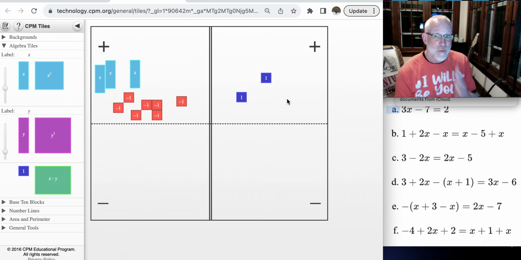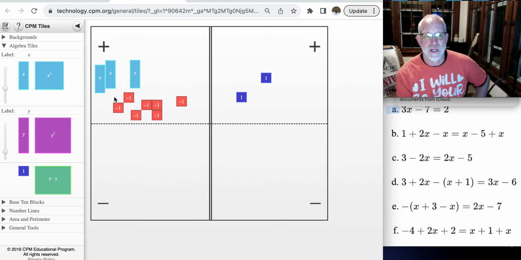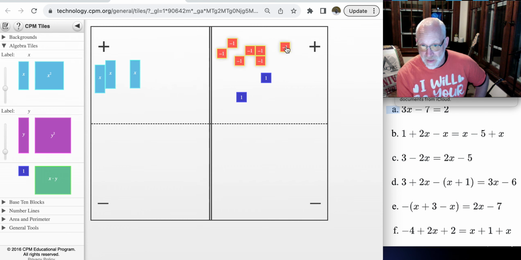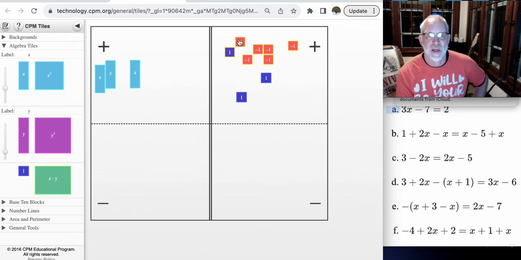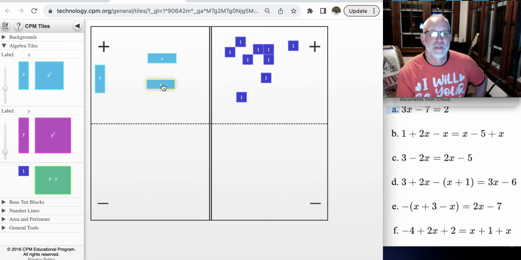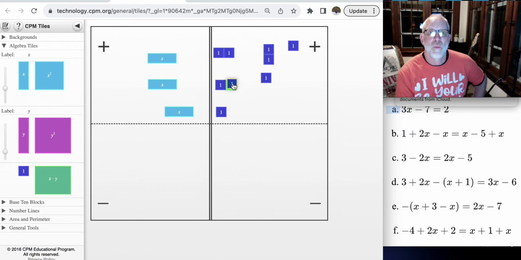Okay, and then what you want to do when you solve for an x or a variable is get the x's on one side and the units on the other side. So I'm pulling these all the way over here, and because they crossed here, they become positive. So now our sentence says 3x's equals 1, 2, 3, 4, 5, 6, 7, 8, 9, which means if we spread these out, 3x's equals 9, so 1x would equal 3.